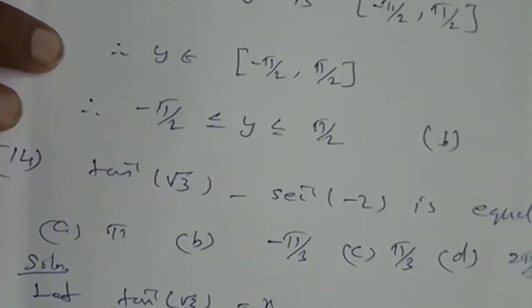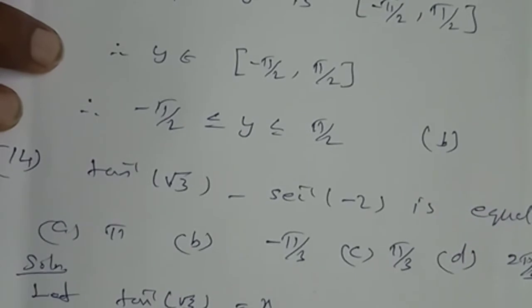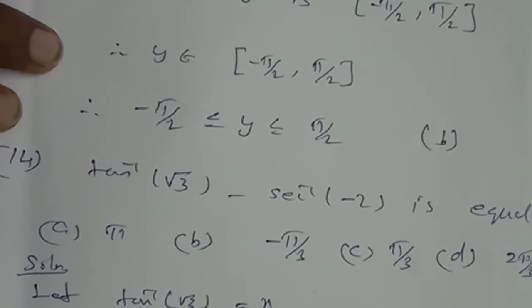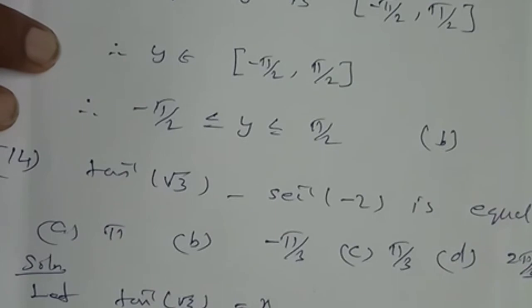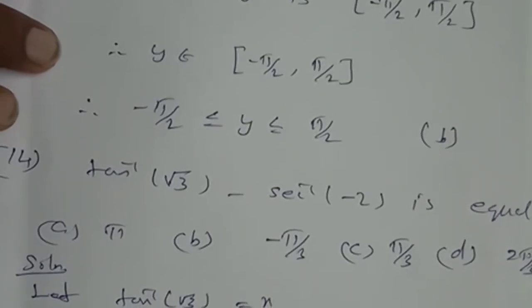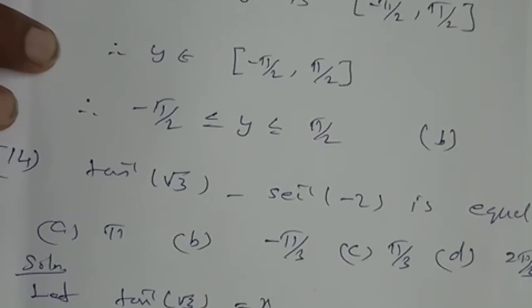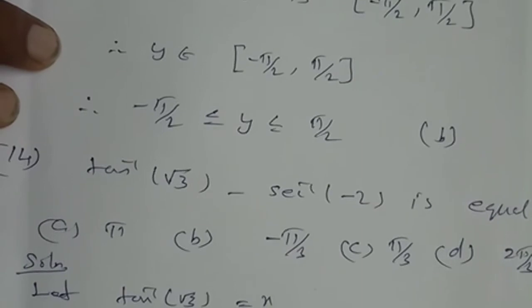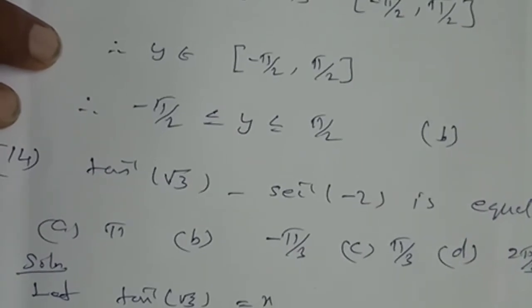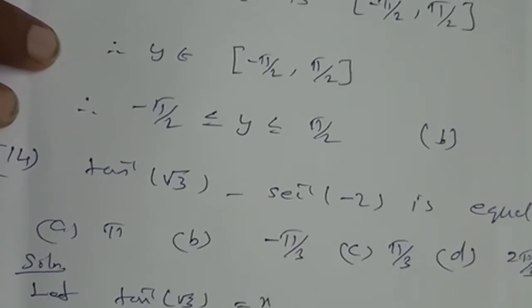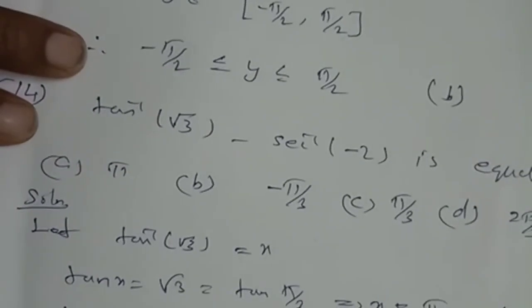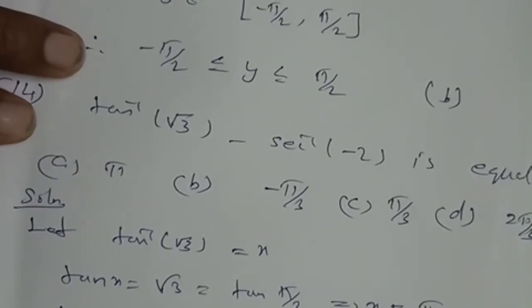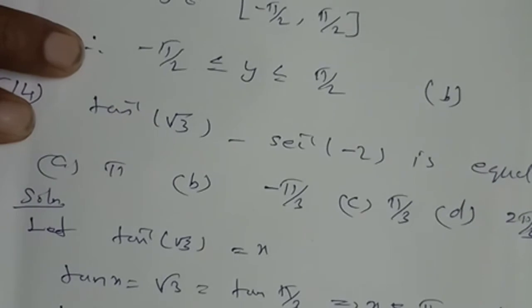This is equal to secant of (pi minus pi by 3), which is equal to secant 2 pi by 3. So y is equal to 2 pi by 3. This belongs to [0, pi] minus {pi by 2}.